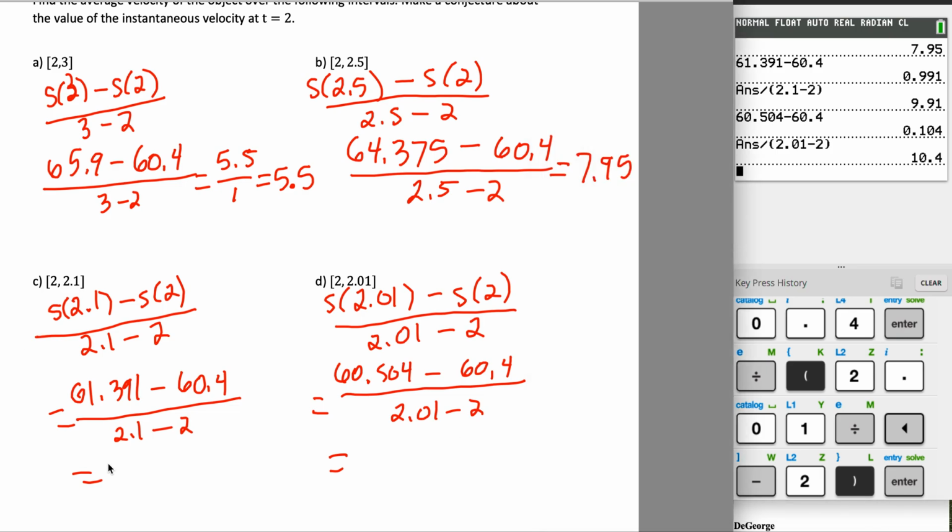So here I have 9.91 and 10.4. If I'm going to make a guess, I would say that the instantaneous velocity keeps getting bigger and bigger and bigger.